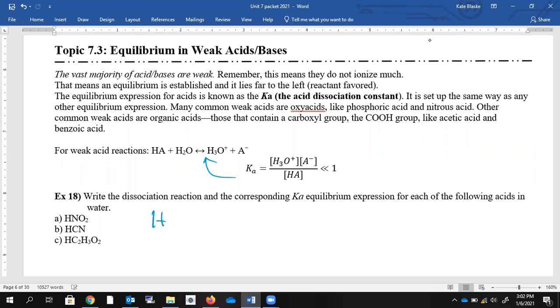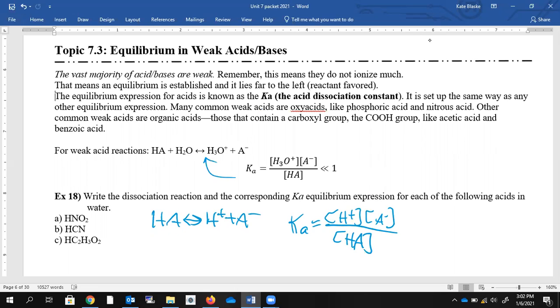Or if we're using the same reaction without including the water in it, then our Ka expression would be H plus times A minus over HA. Remember that H plus and H3O plus, that proton H plus or the hydronium ion H3O plus, are interchangeable with each other.